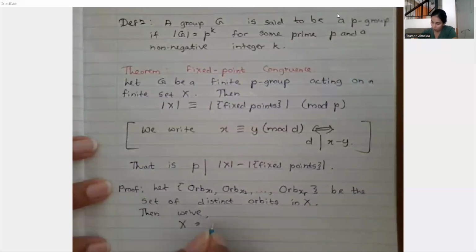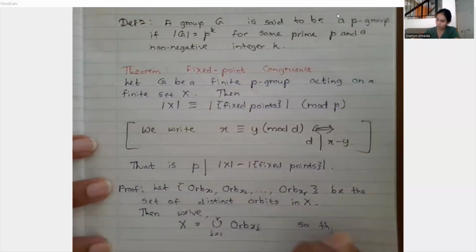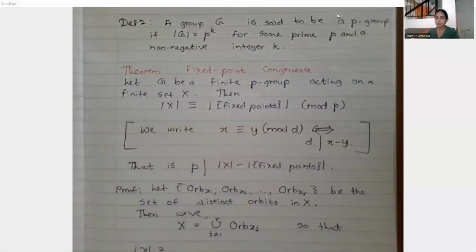Then we have X to be the union where i goes from 1 to r of these orbits of xi, so that the number of elements in X is the same as the summation of the number of elements in each of these distinct orbits. Now remember, you take any two orbits, they are either disjoint or identical.